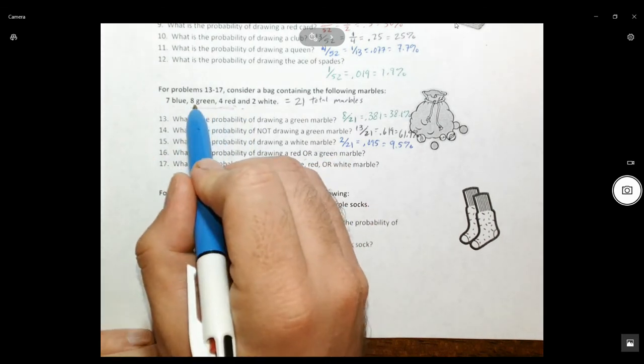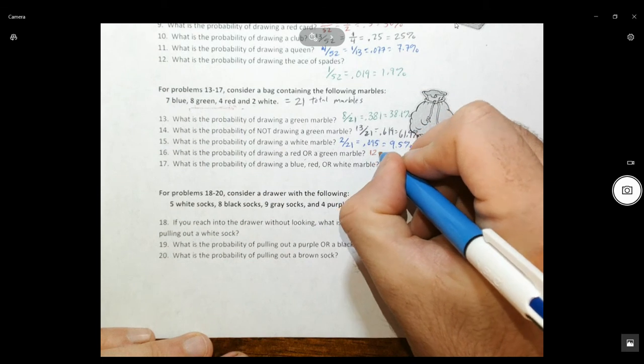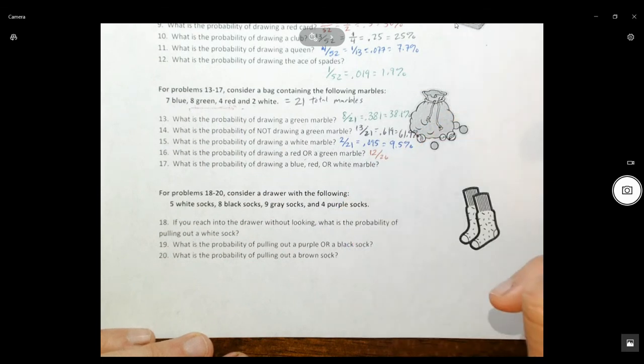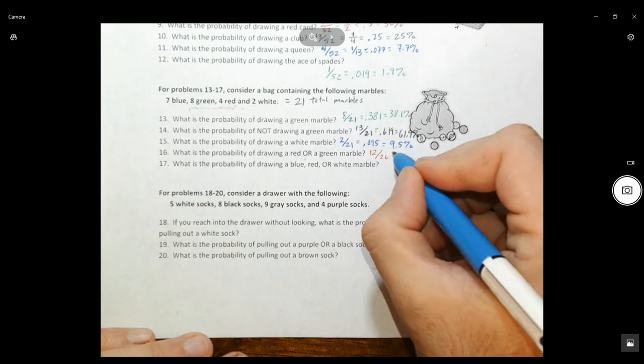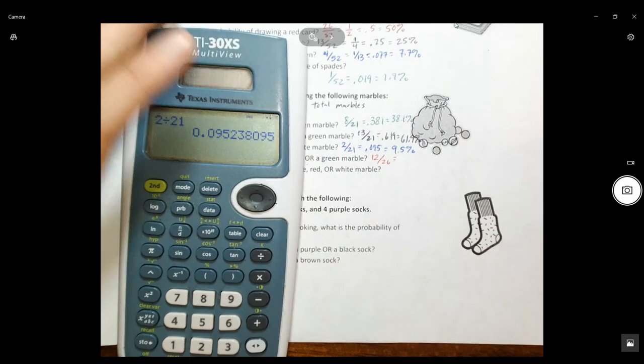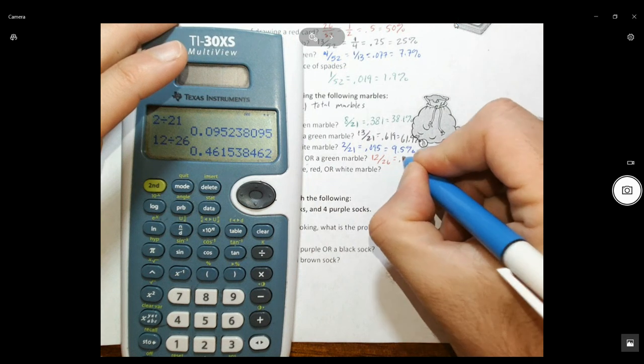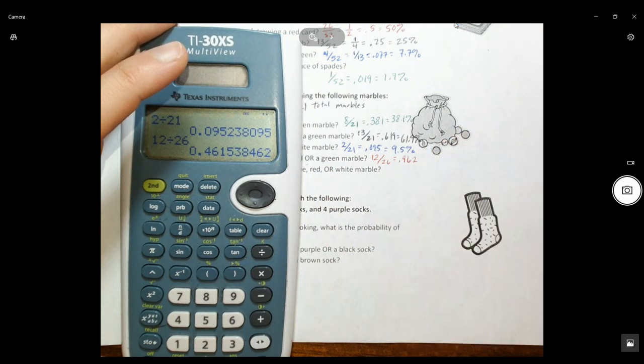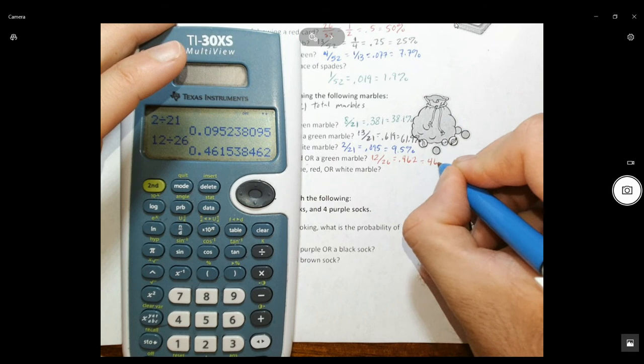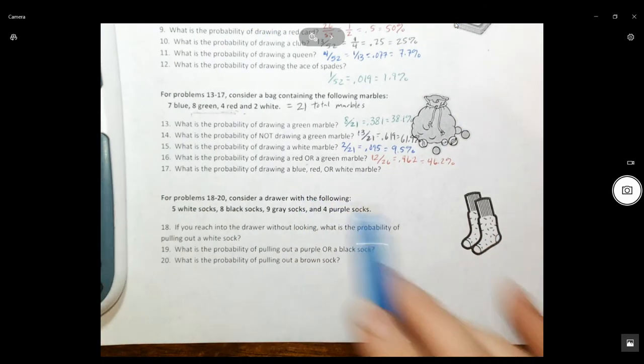So I'm cool with 8 and 4, which is 12 out of our 26 marbles, which we could simplify, but for the sake of this, we're just going to plug it in and get a decimal, which is 0.462. So you got a 46.2% chance of getting a red or green.